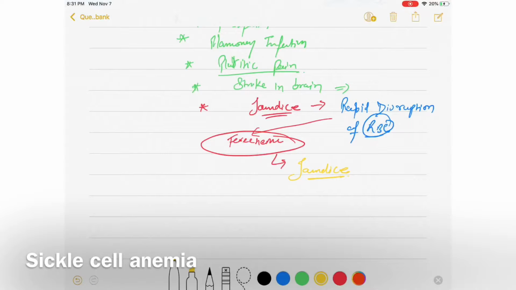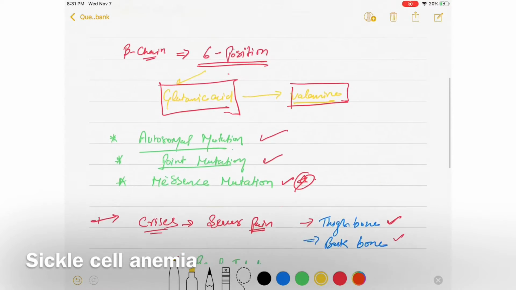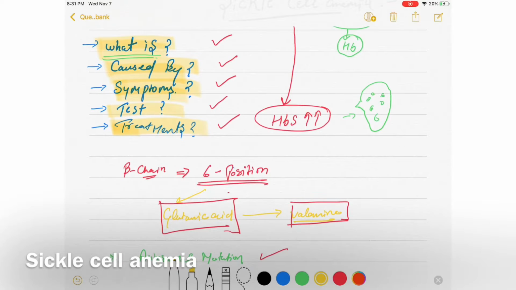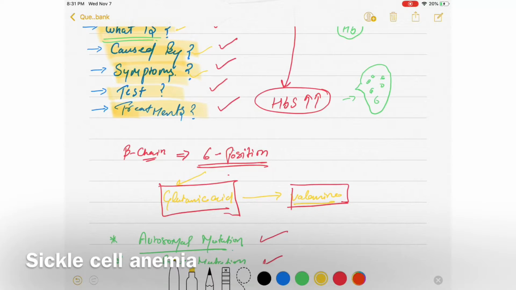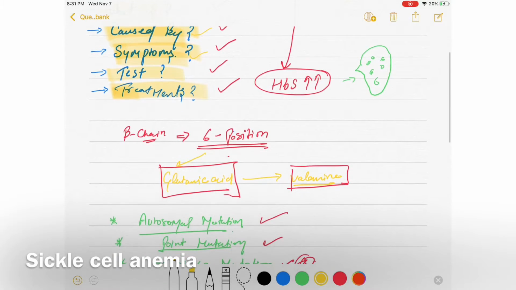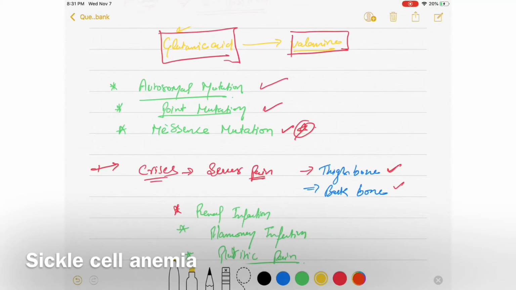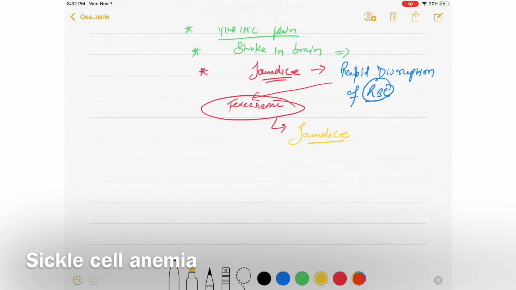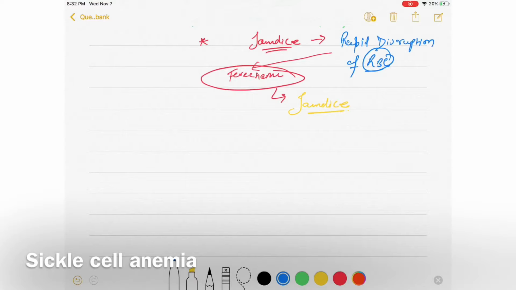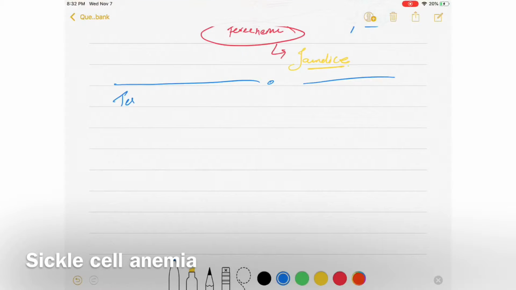As we discussed above: what sickle cell anemia is, what causes it, and its clinical symptoms. Next we are going to discuss the tests, the major tests for sickle cell anemia. The major test is electrophoresis, and we check the shape of RBCs.